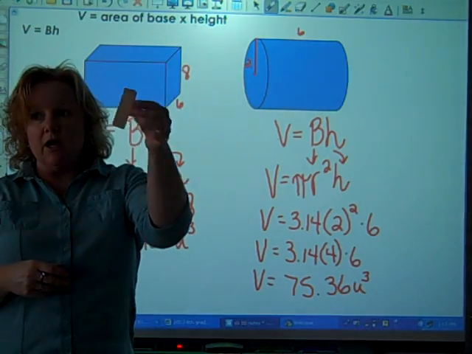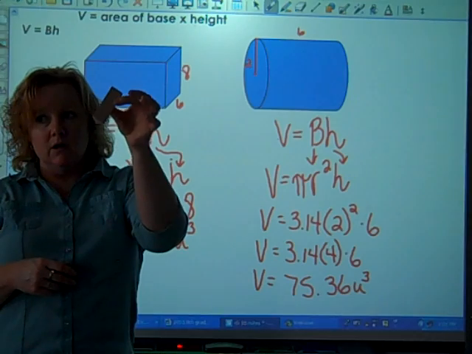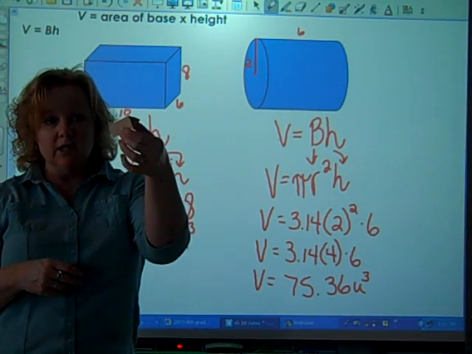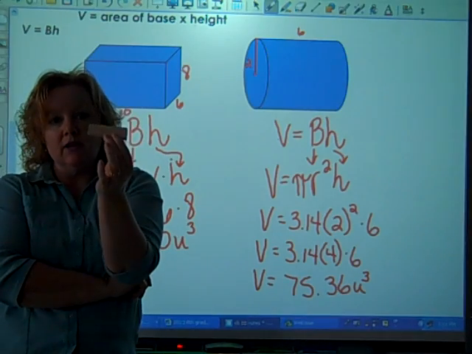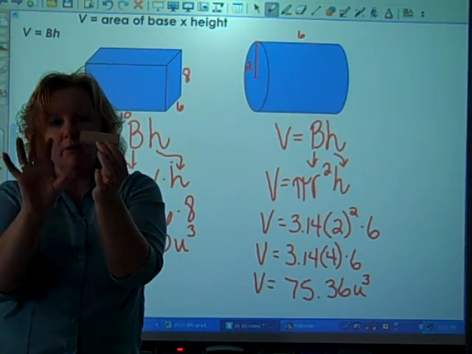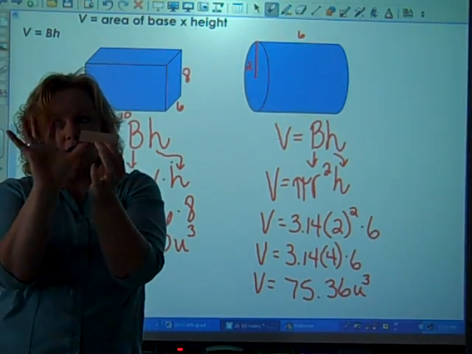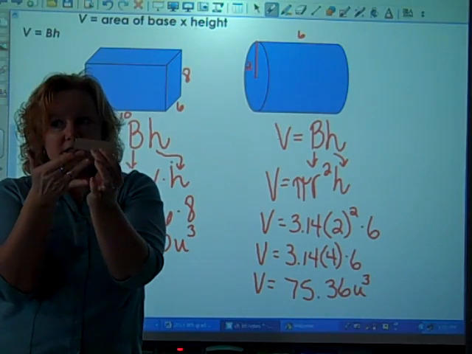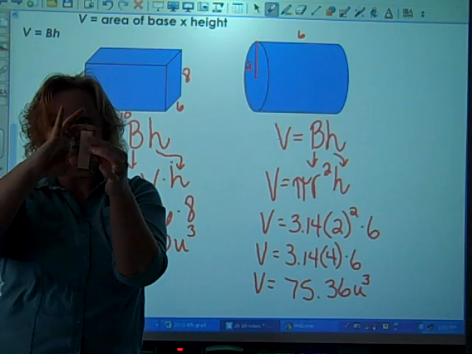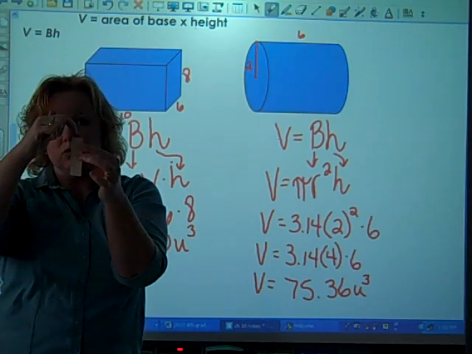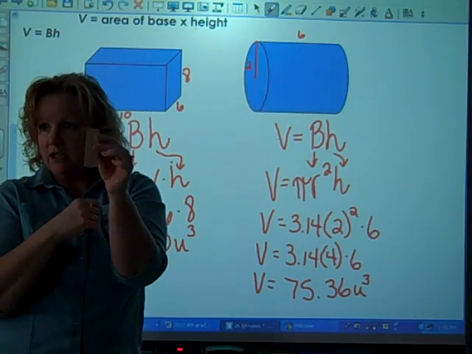Look at this shape right here. This shape is a triangular prism, right? Well, what if it were sitting like this in my picture? A lot of people want to say that this is the base. But is there another parallel side to that? No. So remember, it's the parallel faces that are your base. So the triangle is actually the base.